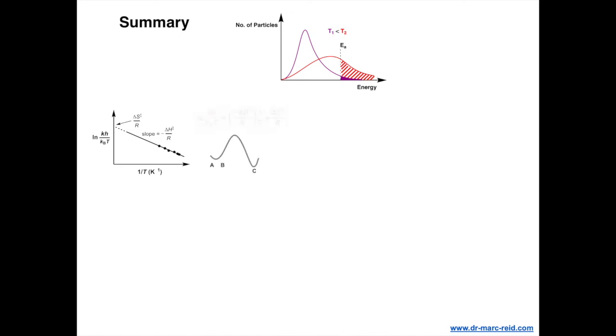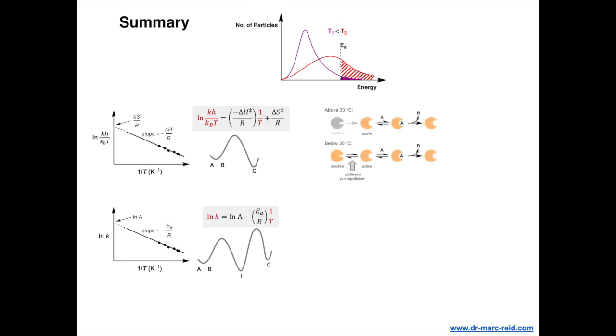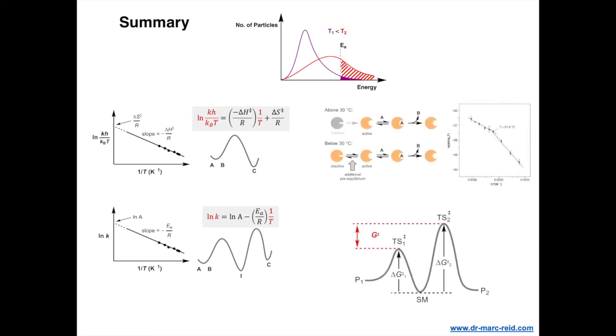So overall, that brings us to the end of Lecture 3 on the uses of temperature effects in deciphering reaction mechanisms. We've looked at how reactions at higher temperature can be thought of as having a higher number of particles above a threshold activation energy. We've also compared two similar but subtly and crucially different models from which to study the effects of temperature on rate constants. The Eyring relationship derives from transition state theory and deals with a single elementary step.